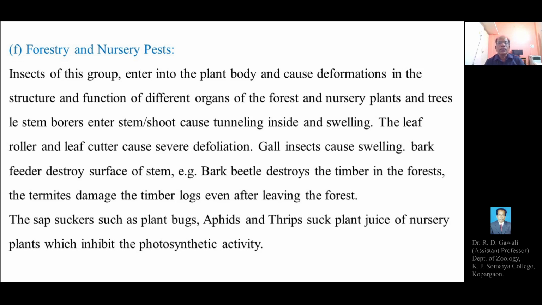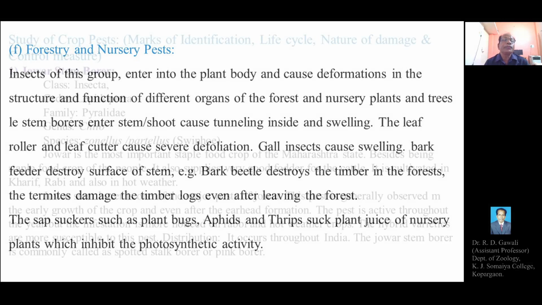Sapsuckers such as plant bugs, aphids, thrips suck up the plant juice of the nursery plants and inhibit the photosynthetic activity of the plant, affecting the growth.